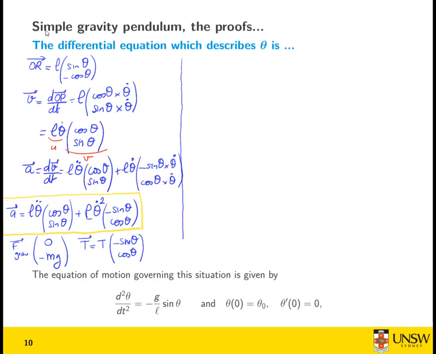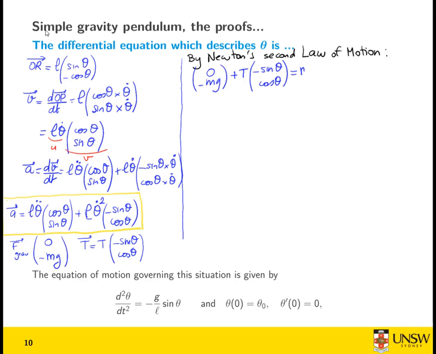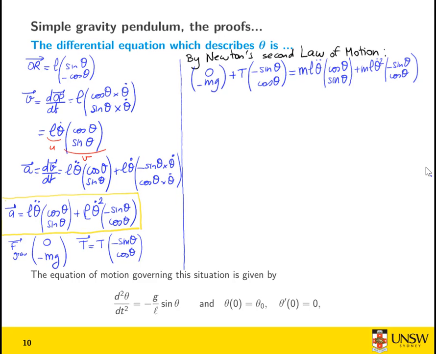Let's write Newton's second law of motion. So the sum of the forces, gravity plus the tension of the chord, is equal to mass times acceleration, and I'm going to get mass times acceleration by just multiplying this by mass. And this is what we get.